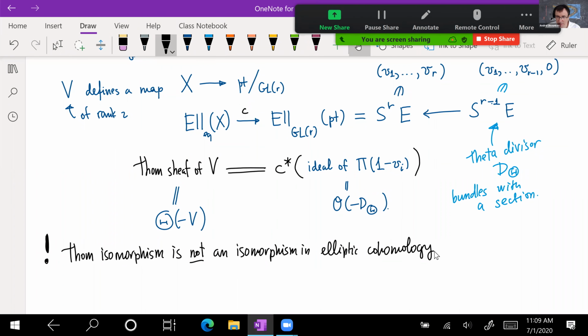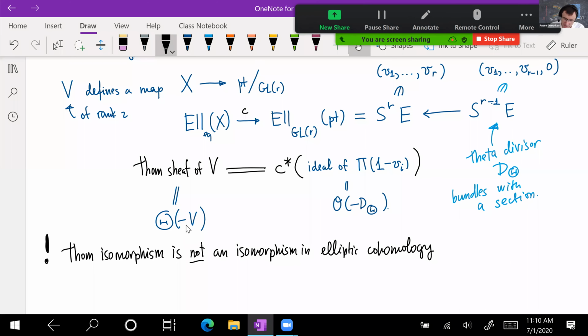An object doesn't need to be a section of the structure sheaf; it could be a section of some other line bundle. So in elliptic cohomology you have to deal with line bundles, and you get interesting line bundles on the spectrum of elliptic cohomology, and you have to live with them. That says the Thom sheaf is not a trivial line bundle, but it's this line bundle. That's as good as it gets.